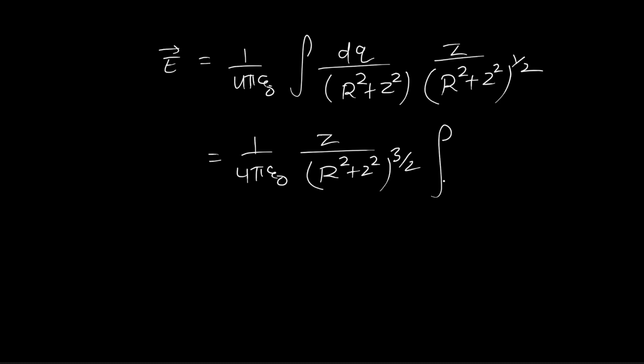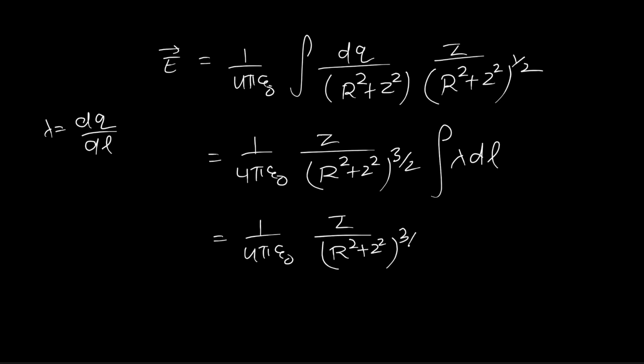And if we integrate, dq is nothing but, I have defined lambda equal to dq by dl, so dq becomes lambda into dl, and lambda is also constant.